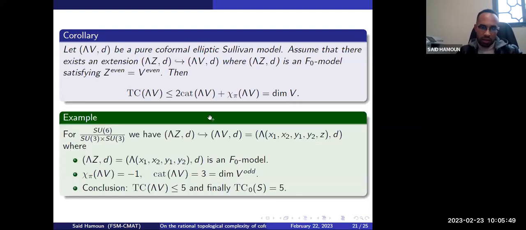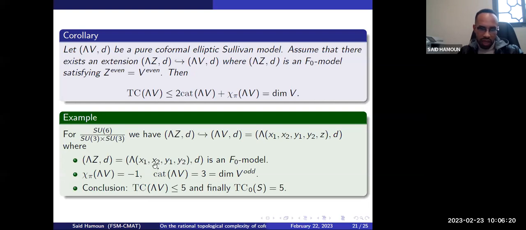And as an example of application of this result, we will consider also the homogeneous space of before. Here, let's consider lambda Z to be lambda x1, x2, y1, y2. Here we have the differential of y1 is the square of x1, differential of y2 is the square of x2, which means that this subalgebra is elliptic.